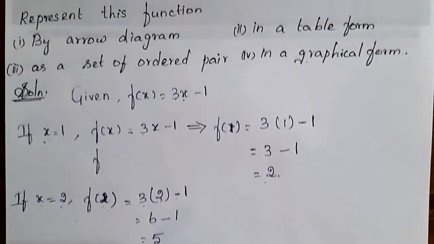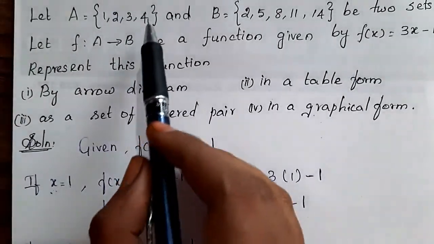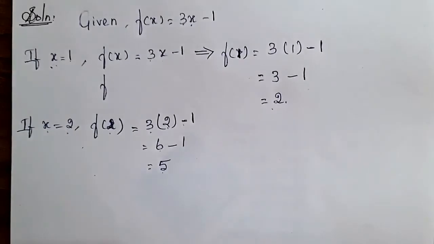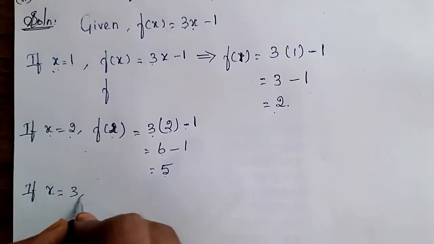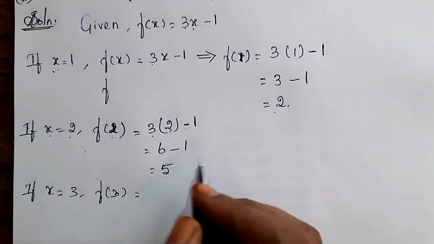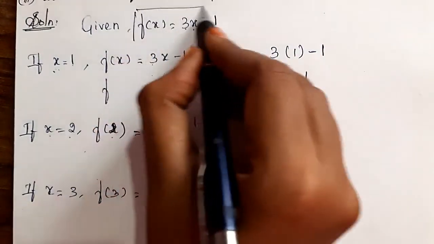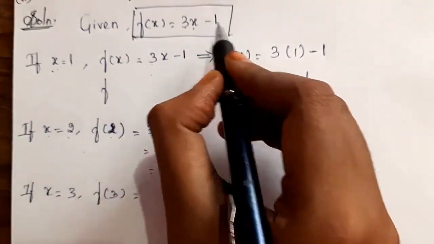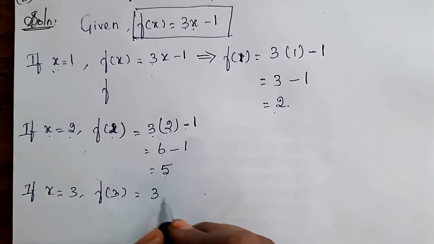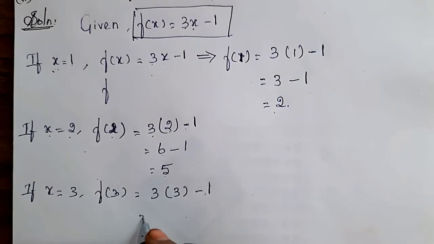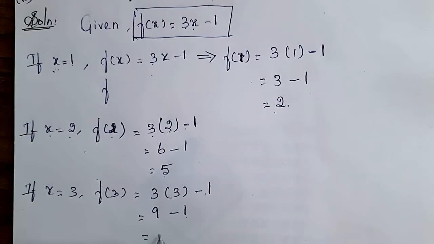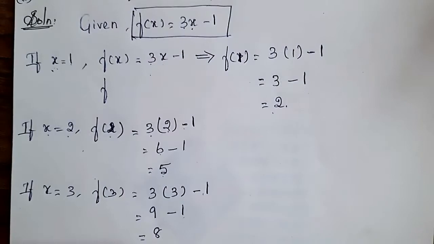Then we apply 3 and 4. If x equal to 3, f of 3 equal to 3 into 3 minus 1. In place of x, you apply 3. So 3 threes are 9, then minus 1. 9 minus 1 equals 8. So we found the x equal to 3 value.